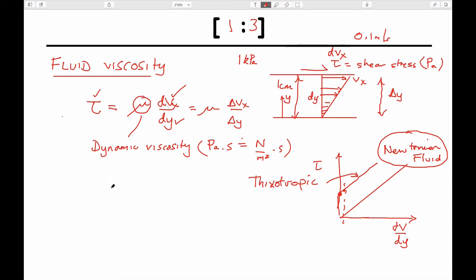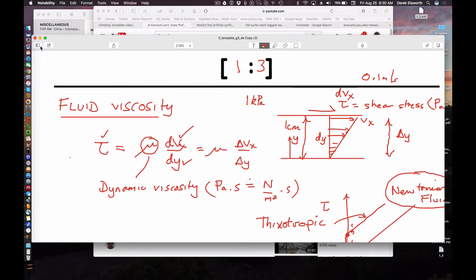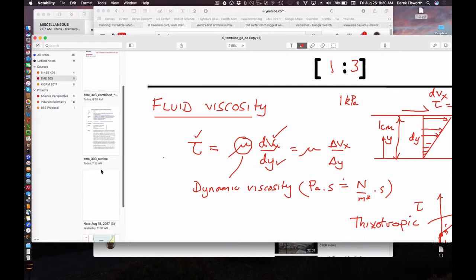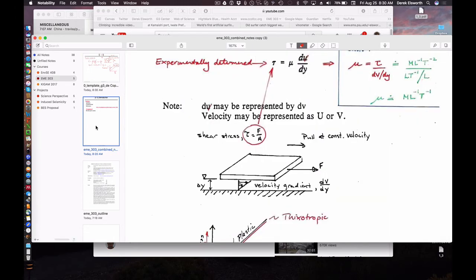Alternately, if you know the property and the velocity, you can calculate the shear stress you have to apply. There is an example in the notes. I won't go through it, but you can easily do that calculation.